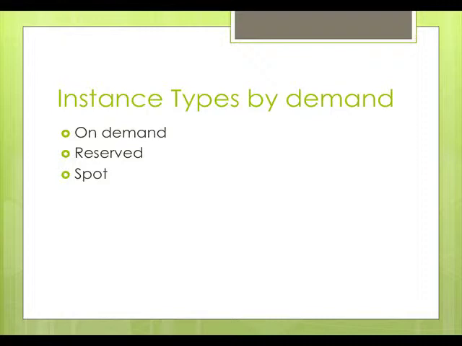A reserved instance is where you prepay for 1 year or 3 years the type of instance you want. So you can get a small instance prepaid for 3 years for $227, and then your monthly usage cost of that instance goes to as little as 3 cents an hour, which is about 30 bucks a month. So you can reserve either for 1 year or 3 years. The more you reserve, the price drops.